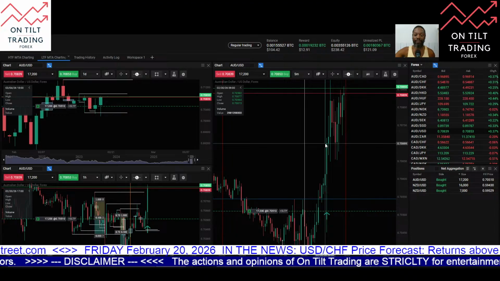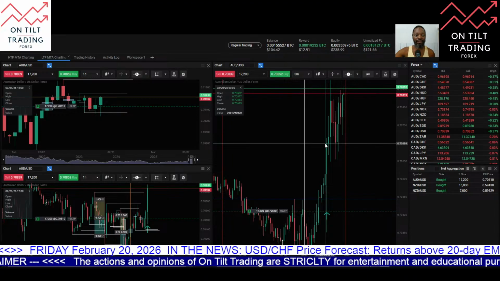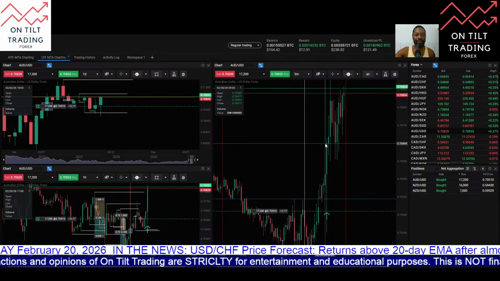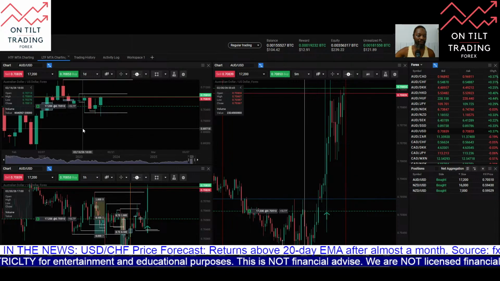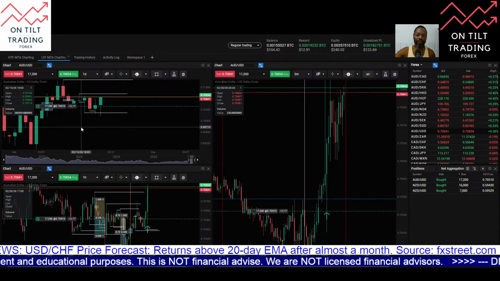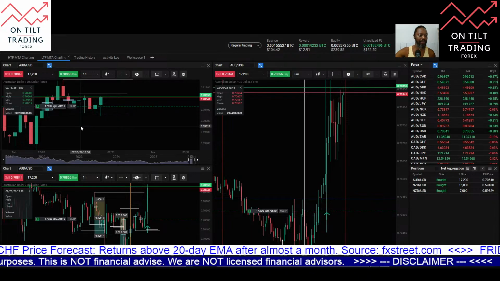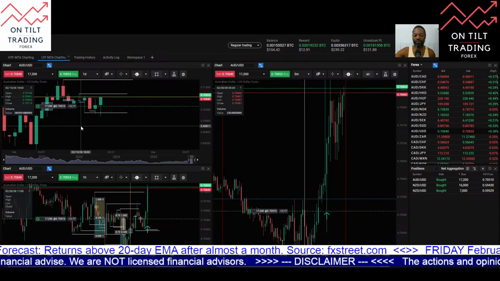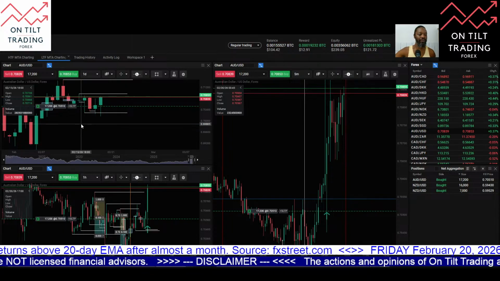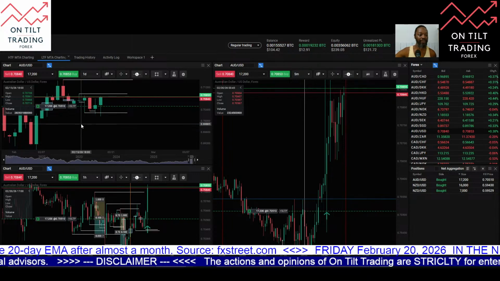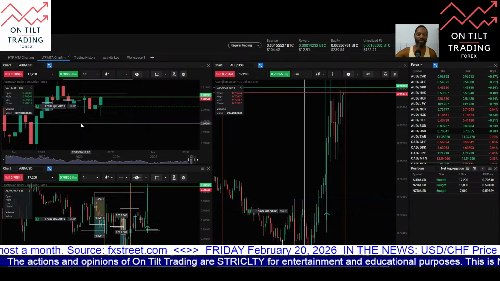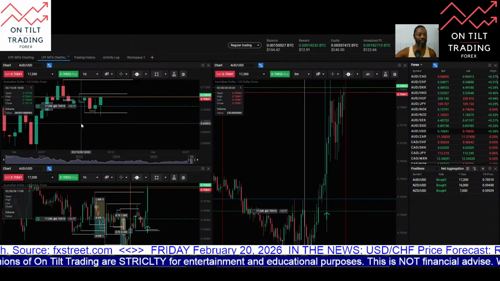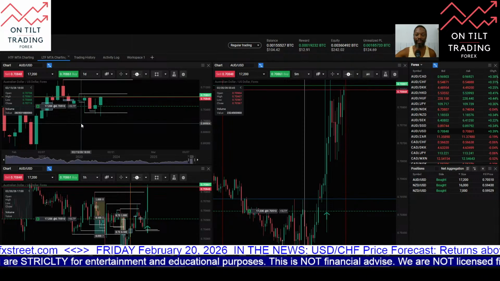The high here for these relatively equal highs is 0.7877, and the current swing high on the daily is 0.7961. So a little less than 0.00 hundredths difference in price here.